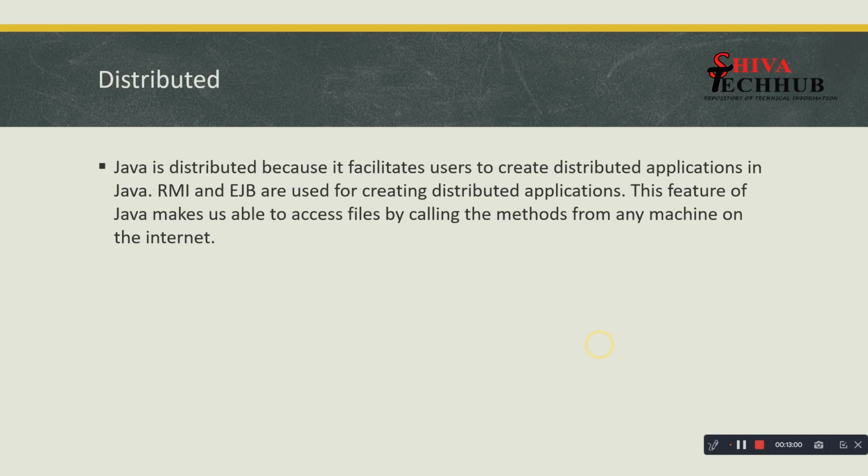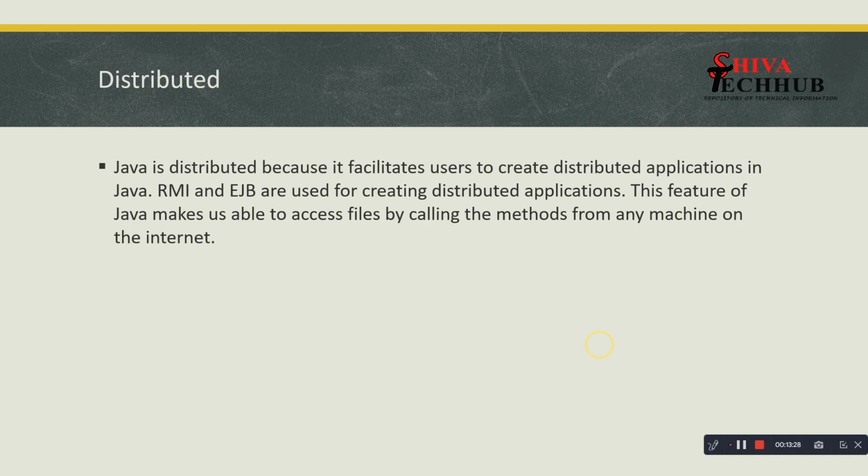And it is also distributed in nature. What do we mean by distributed? It facilitates users to create distributed applications in Java. RMI, remote method invocation, and Enterprise Java Beans are some of the technologies used to create distributed applications. What do you mean by distributed applications?